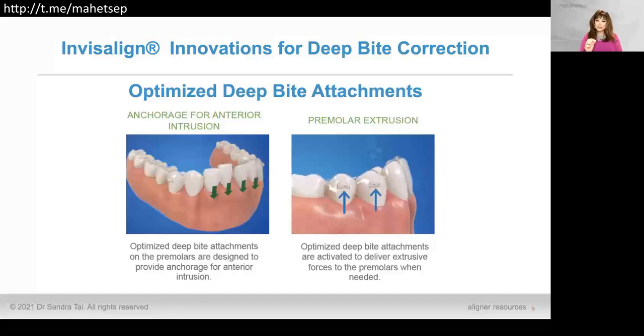And this is the difference between using an optimized or activated deep bite attachment as opposed to using a horizontal rectangular attachment beveled on the gingival. A conventional attachment has no activation built into the aligner.